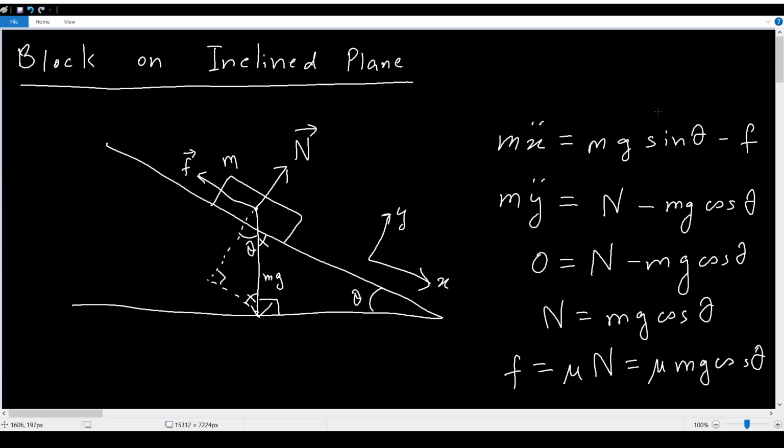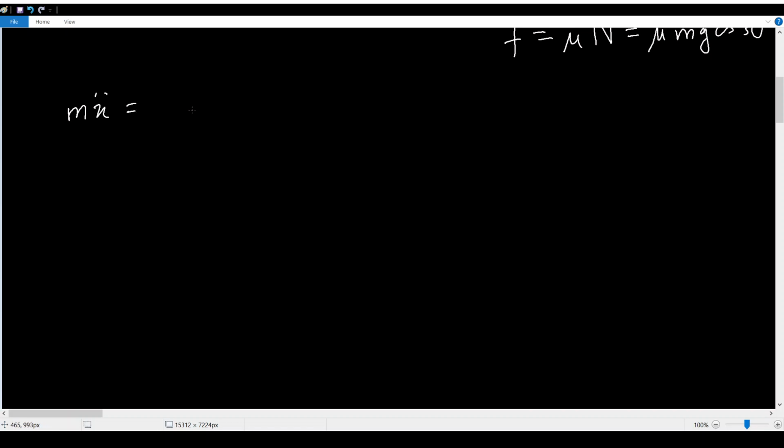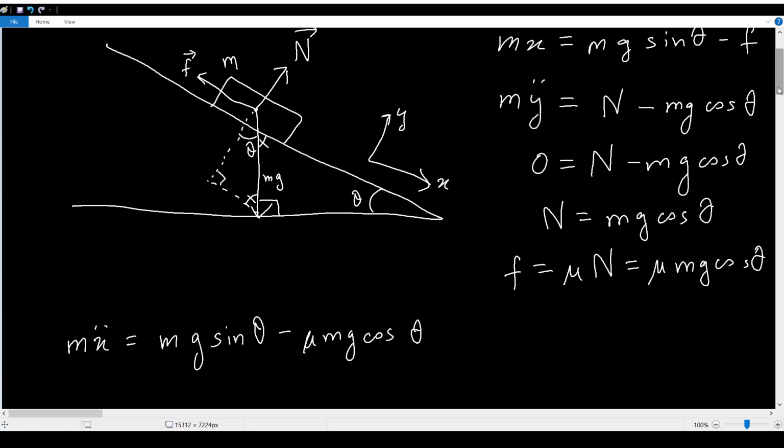We can plug this into the equation for x. m x double dot equals mg sine theta minus the friction force, which we calculated as mu mg cos theta.